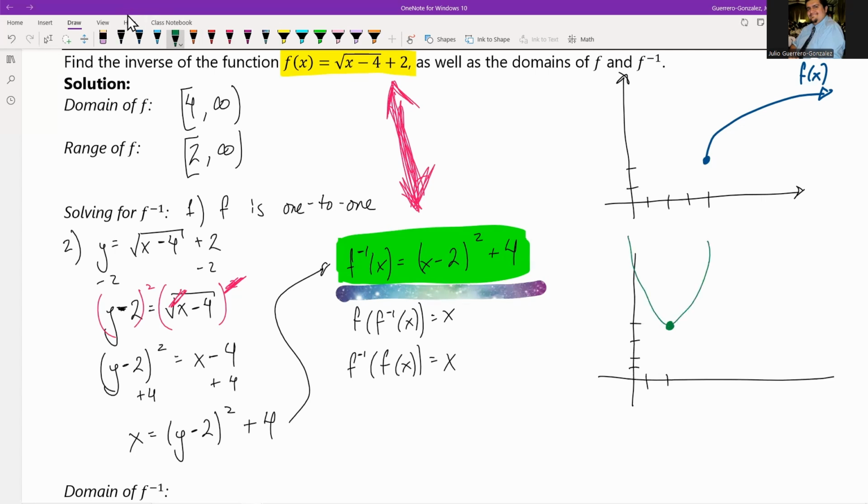Whoosh, whoosh. You guys see it? This function right here is not 1 to 1. It does not pass the horizontal line test.